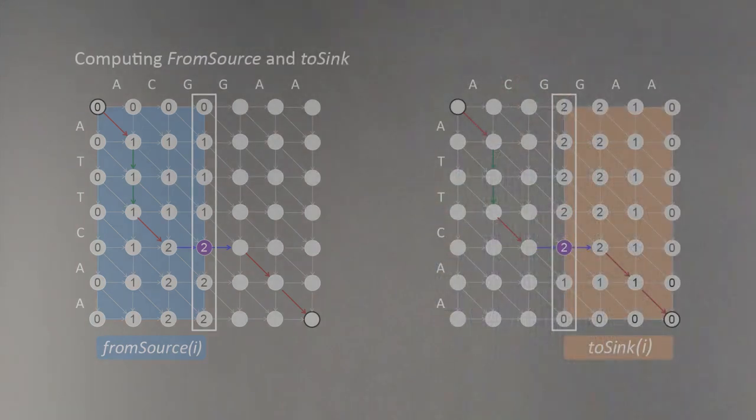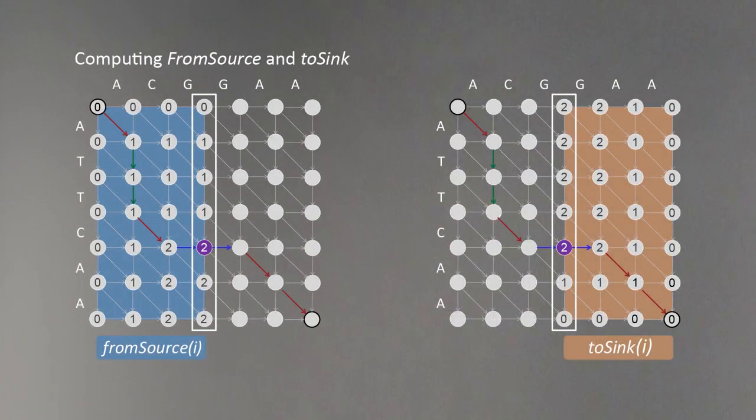And we can also find the vector of values from the sink by going through the second part of the Manhattan grid, but backwards. So we will start at our sink and go by backward edges trying to reach this middle column, also in linear space. So we will know alignment scores, but we won't know the alignments which led to these scores.